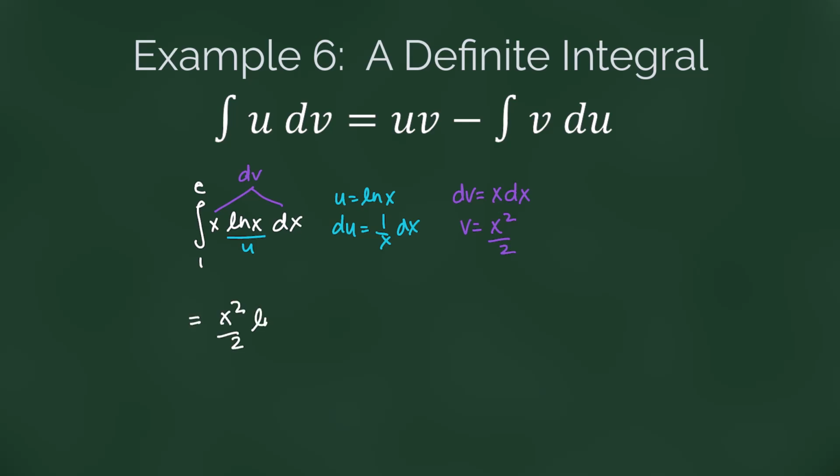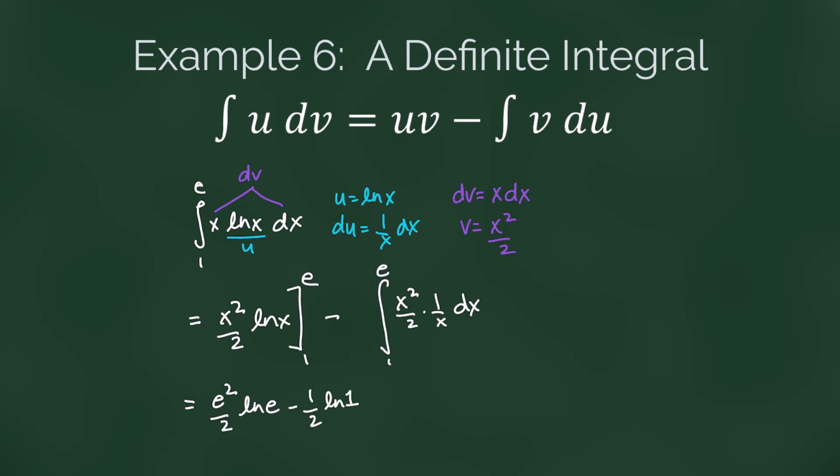So this becomes x squared over 2 times ln x, evaluated from 1 to e, and then we'll subtract the integral from 1 to e of x squared over 2 times 1 over x dx. Plugging in e gives us e squared over 2 ln e. Plugging in 1 and subtracting that gives us minus 1/2 ln 1.